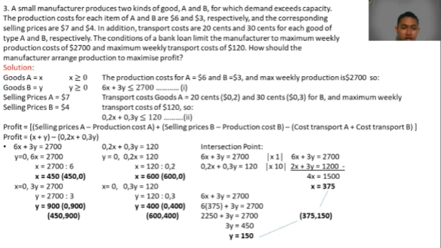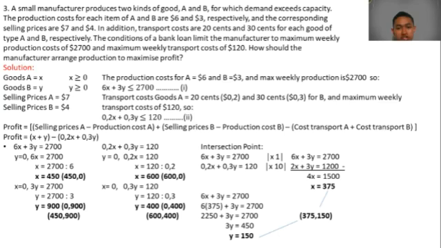And then we put x as 0, so we can get 0.3y equals to 120, and then y equals to 120 divided by 0.3, and then we can get y equals to 400. So we can get the points of the second equation are 600 and 400.